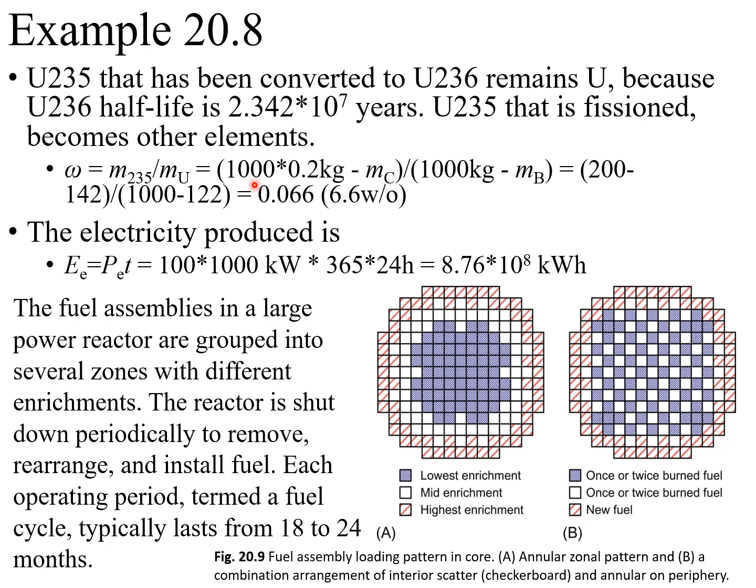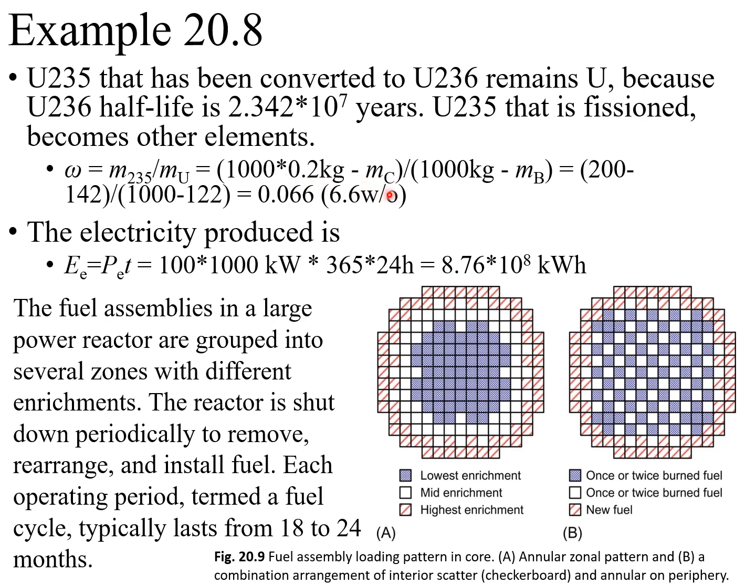Here, if the uranium-235 undergoes the capture reaction, it will become uranium-236. Uranium-236 is still uranium. Therefore, when we are calculating the denominator, the total amount of uranium, we will use the initial total uranium 1,000 kilogram minus the fuel that is burned, meaning minus the mass of the 235 that undergoes the fission reaction.